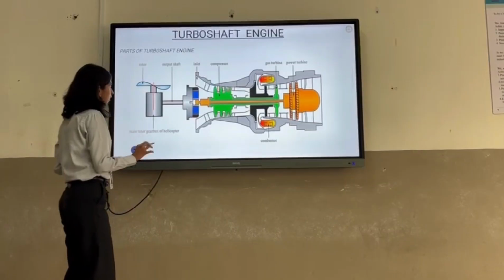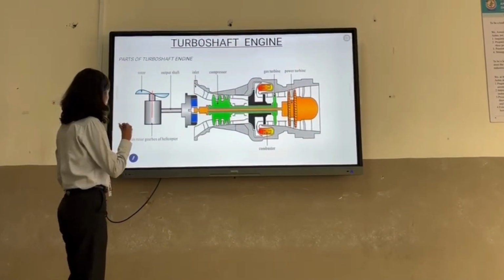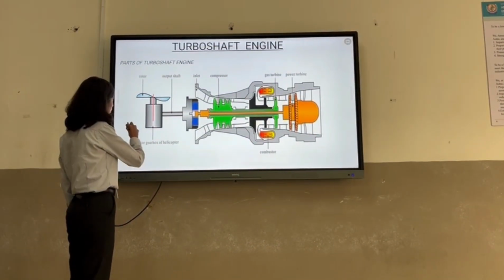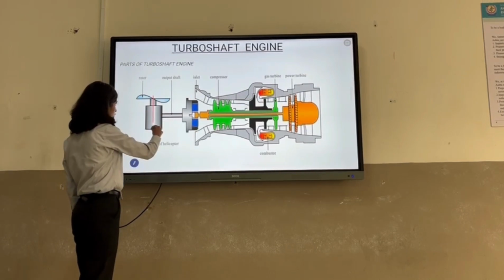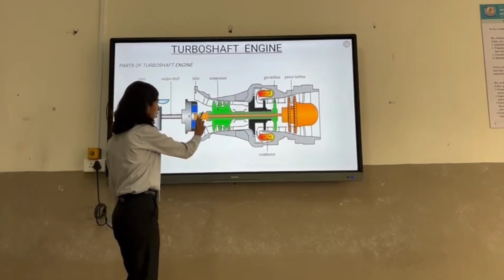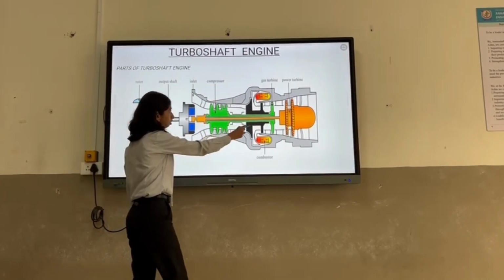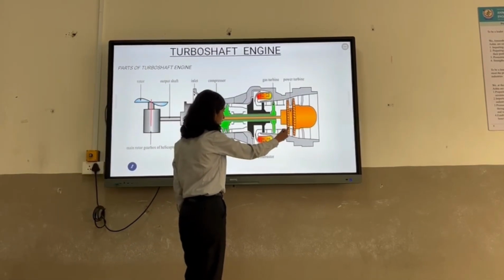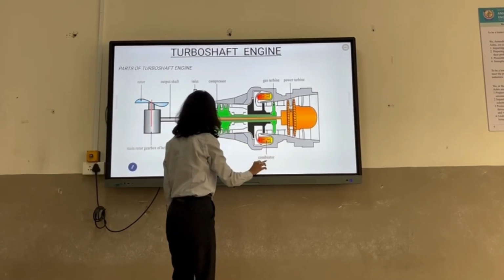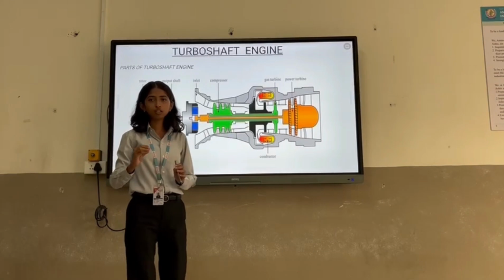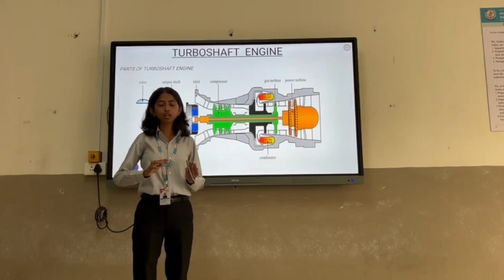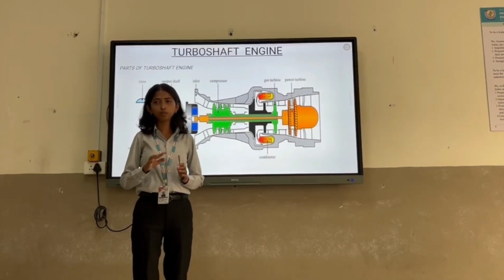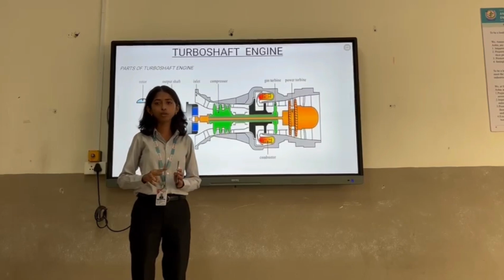So we'll take a look at the components first. As shown in the diagram, we can see the rotor and the output shaft. There is an inlet, there is a compressor, there are turbines of both variants, and there is also a combustor. To understand the turboshaft engine, we need to know that the engine is divided into two major components.